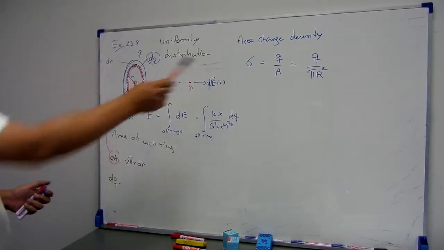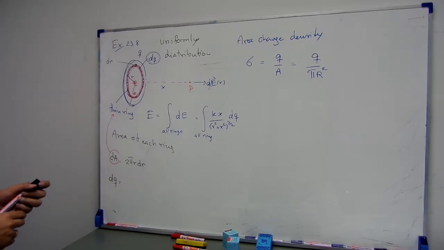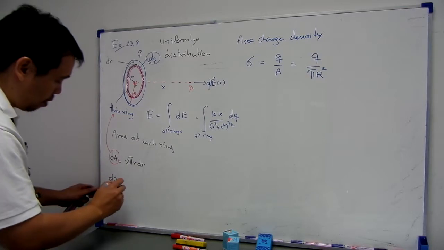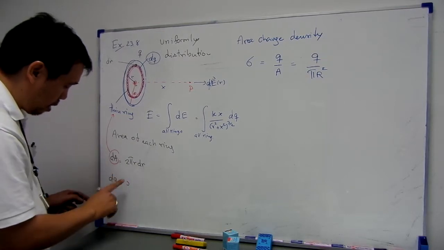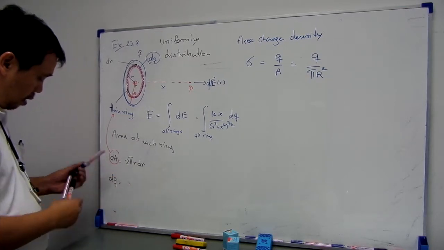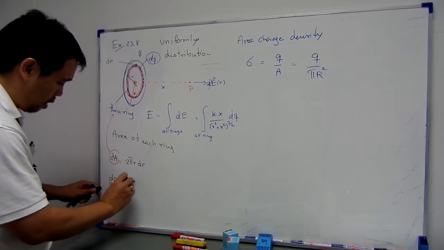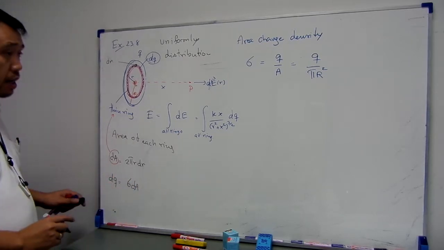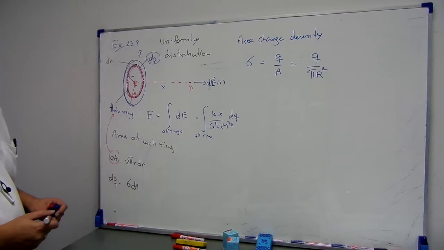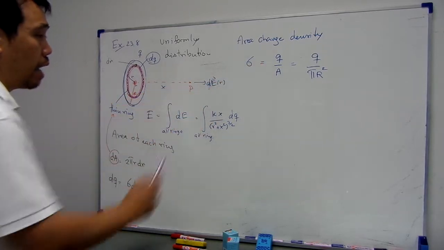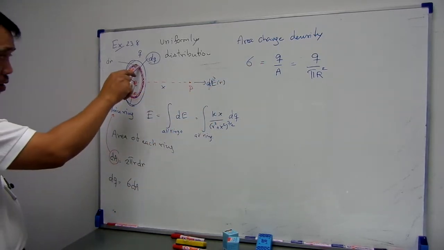So from this definition of the area charge density, we can write dq as sigma dA. Sigma is the charge per unit area, Q over A. But we want to know the charge on this small area only.